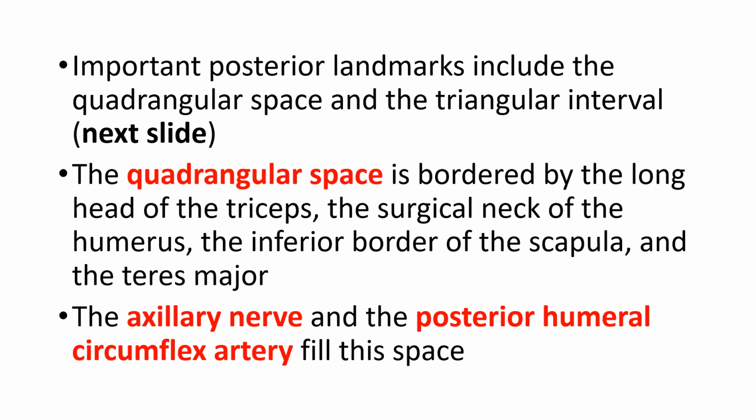The quadrangular space is bordered by the long head of the triceps, the surgical neck, meaning bone, of the humerus, the inferior border of the scapula, and the teres major. So what passes through them? What do we know? It's the axillary nerve and the posterior humeral circumflex artery. These pass through the space.